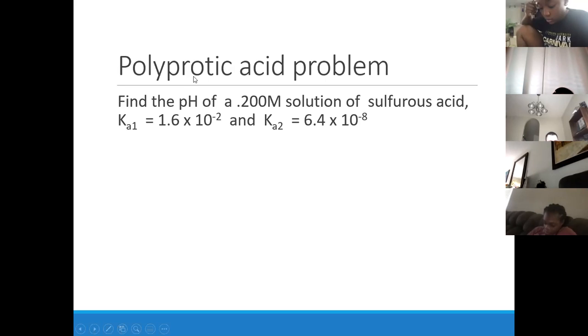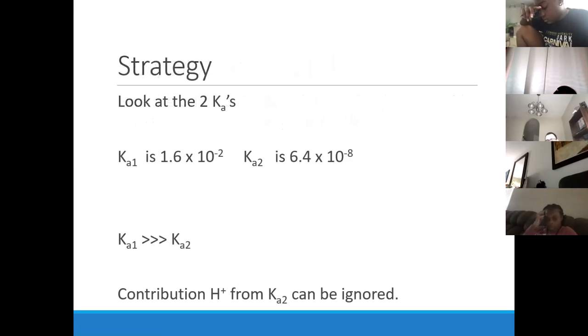Isn't this kind of like a stronger acid and a real weak acid? Treat it the same way you did for the strong acid and the weak acid. Disregard the weak acid and solve it. The number of H pluses that are pulled off from the second proton can be ignored.